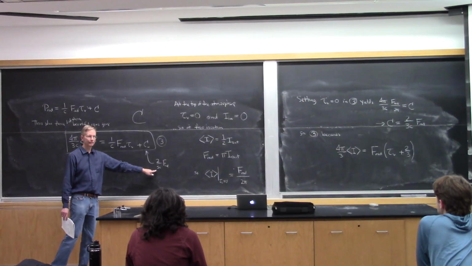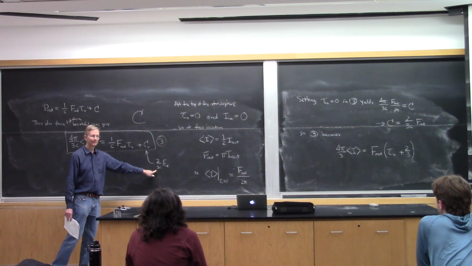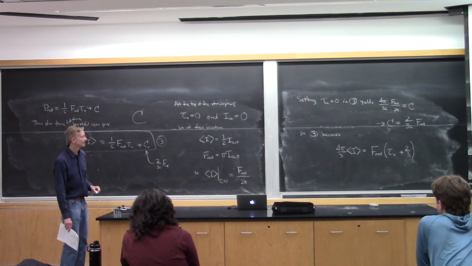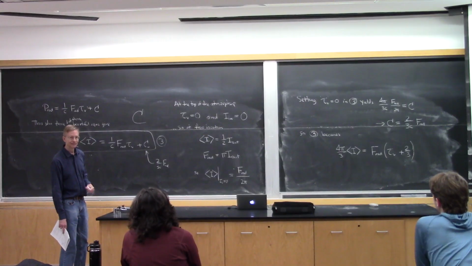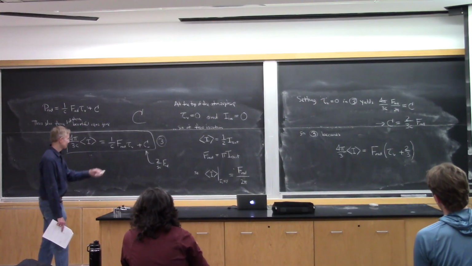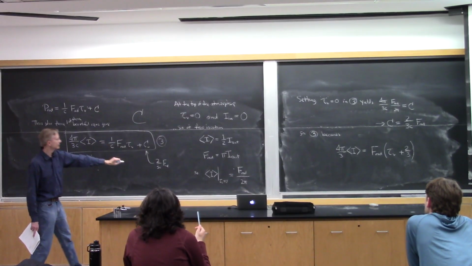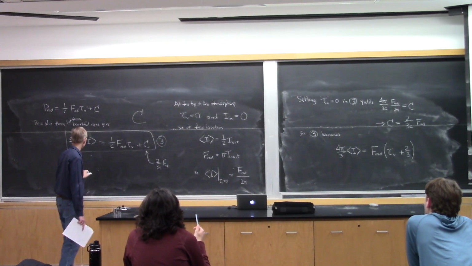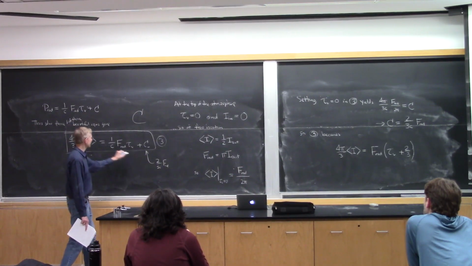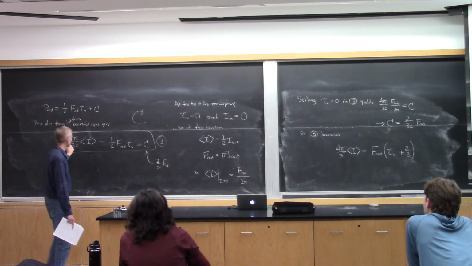Does it make sense? There's a c in the constant of integration, and then we plug that in. So now I've got a c in every term, 1 over c, 1 over c, 1 over c.